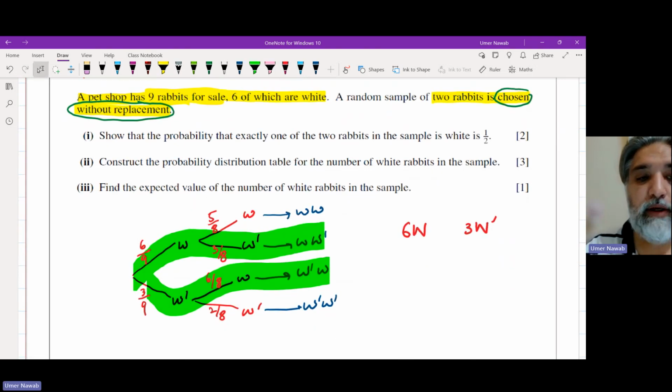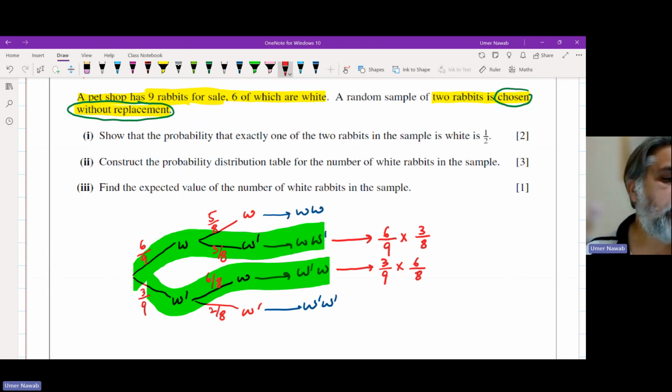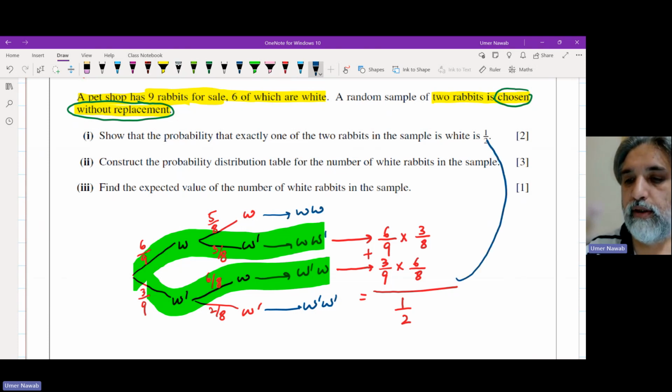Now I want to write the probabilities. 6/9 times 3/8, and the second case is 3/9 times 6/8. Clear? And then you add these cases. The final answer will come to 1/2, which matches the given situation.